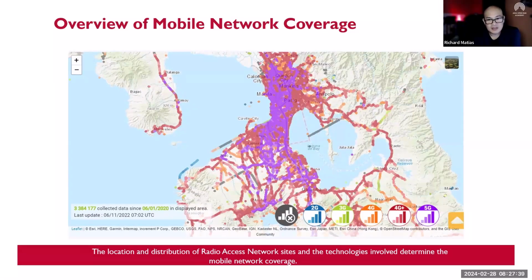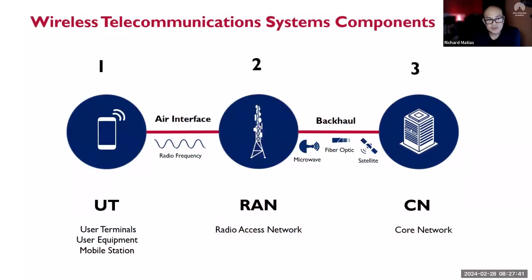Now let's move to the fundamentals of wireless telecommunications system components. It's as easy as 1, 2, 3, as we have discussed in the radio access network. It's just connecting the dots from point 1 to point 2 to point 3. Number 1, you have the user terminals.